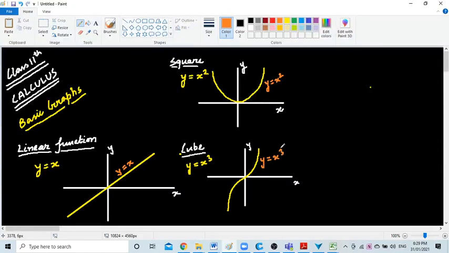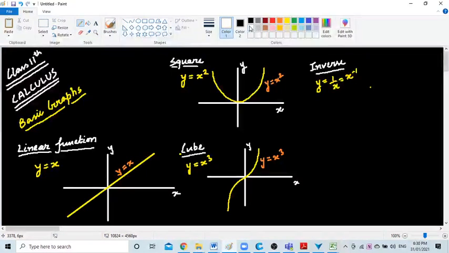Alright, now the next one is the inverse function. Okay, in case of the inverse function, let's see how we can represent it. First of all, this can be written as y equals 1 upon x, or we can also write it as x to the power minus 1.